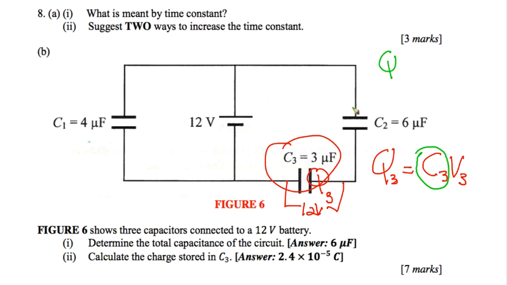If you look at the diagram here, this is a series circuit, meaning the charge Q on capacitor 3 is equal to the charge on capacitor 2.